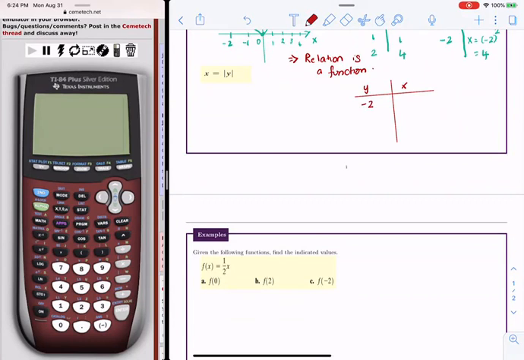When y is -2, x would be +2, because the absolute value of -2 is +2.